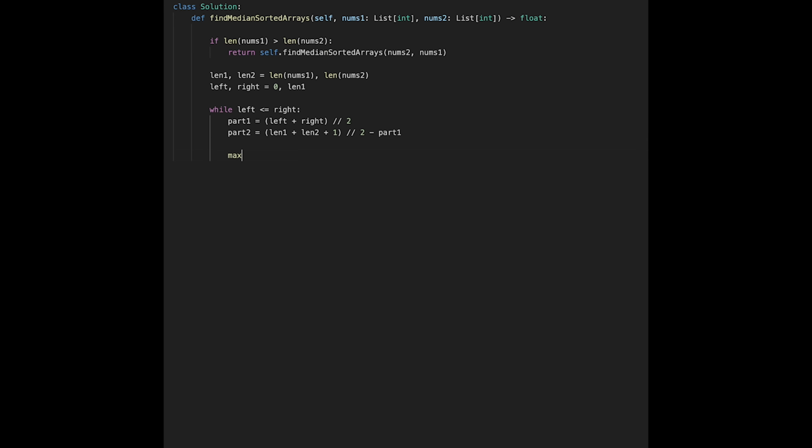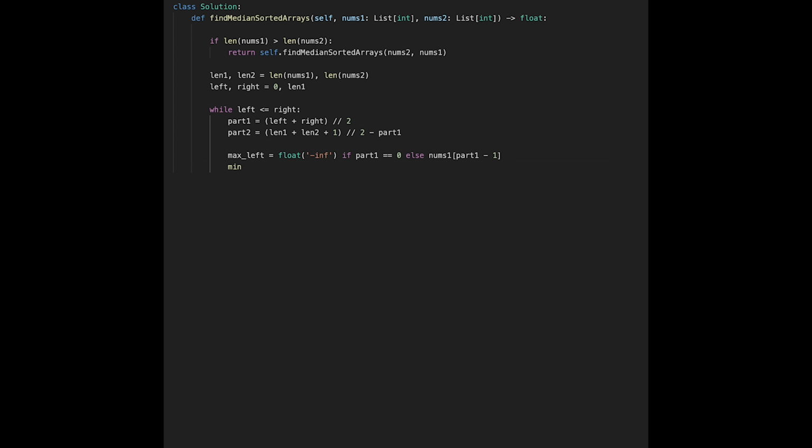And then max left 1 equals float, so this is a minus infinity, if partition 1 equals 0. Else, if not the case, nums1 at partition 1 minus 1.